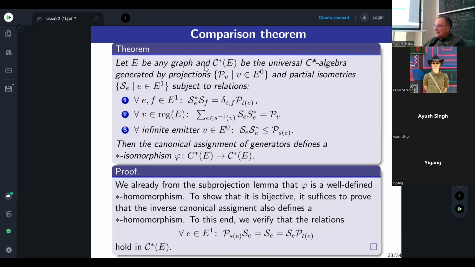So we already know by the subprojection lemma that phi is a well-defined star homomorphism, by construction, because you define it on generators of a star algebra. And on the side of... wait, a second, did I do it? Where do you have fewer relations?